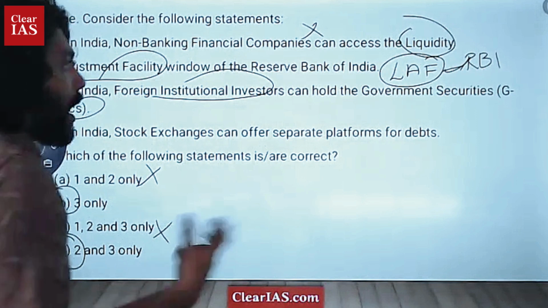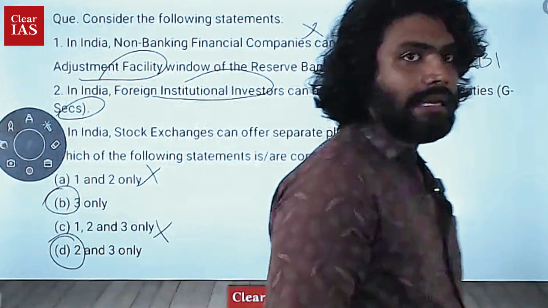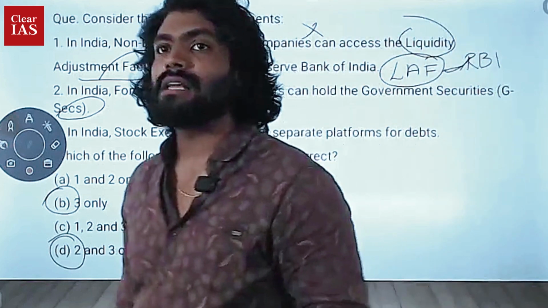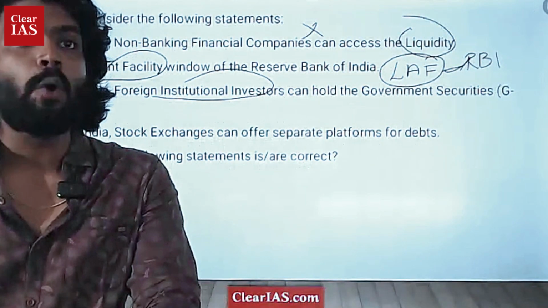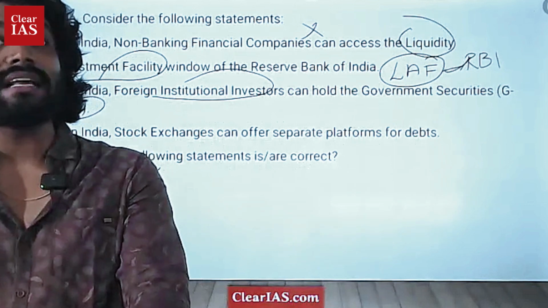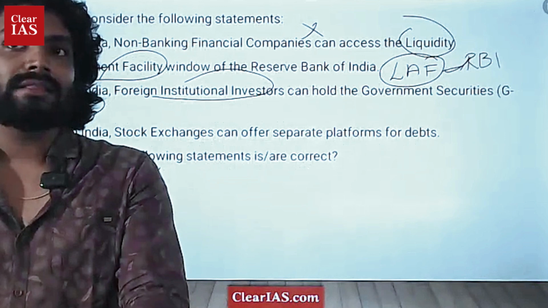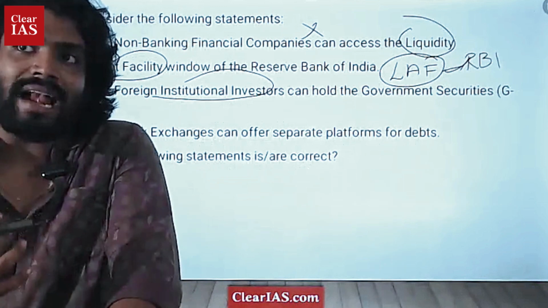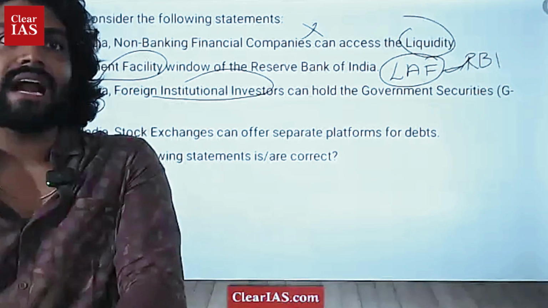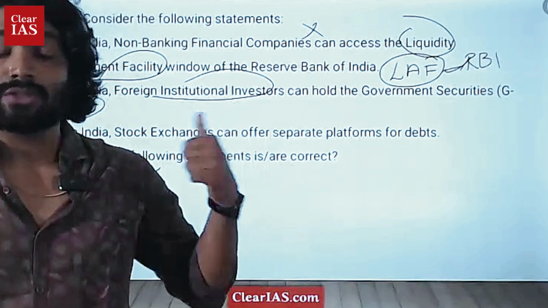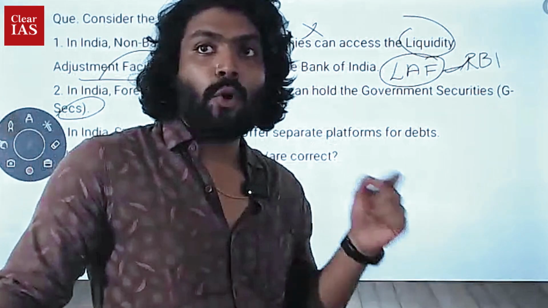This is the logic of how I cracked this question. Recently, there was a discussion on green bonds. Government released green bonds and they were in discussion. The news had some sentences regarding how foreign institutional investors can make use of green bonds.